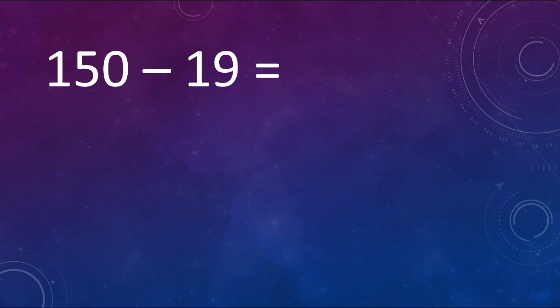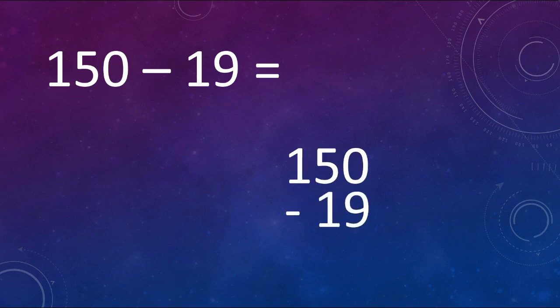Go ahead and set this problem up on your own. Set it up vertically, and then solve. Alright, let's compare our answers. I did 150 minus 19. I lined up my ones, my tens, and my hundreds.